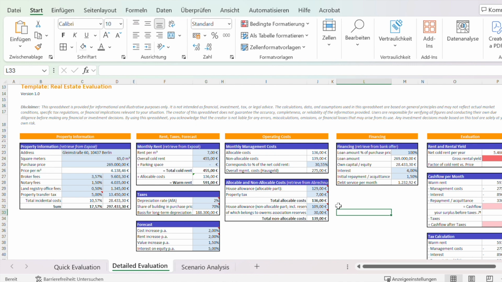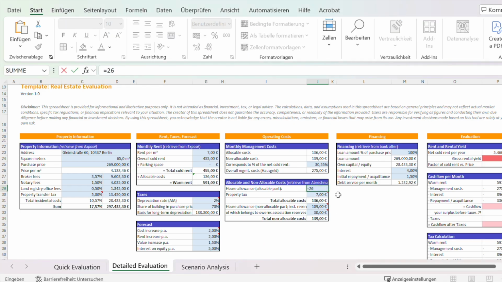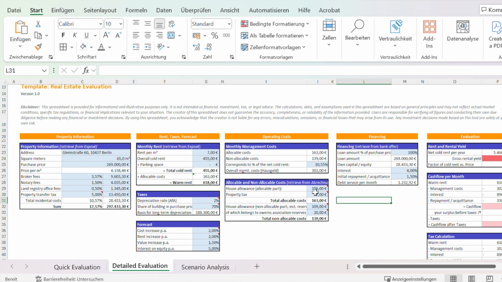Now we still have the allocable part left, and we know that the Hausgeld overall is 265 euros. So let's type in 265 minus the non-allocable part. So the allocable Hausgeld should be roughly 156 euros. And then lastly, you also have the property tax, which you pay on an annual basis. That really depends on the exact location of the property.